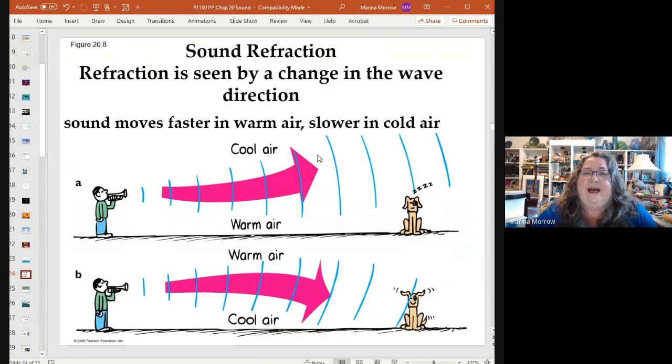Okay, so this will happen for sound waves when there is a change in the air temperature. So let's say there's some houses here. And so when this guy's playing his trumpet, normally, if you have warm air on the ground, but cool evening air moving in, that trumpet sound will go up, float up above the sleeping dog.